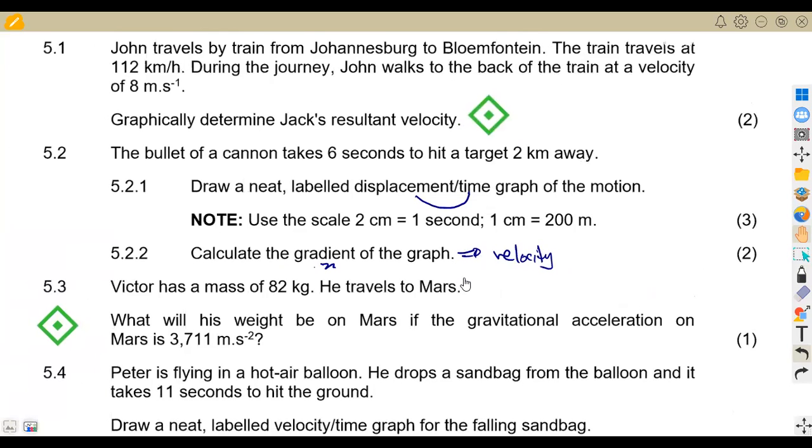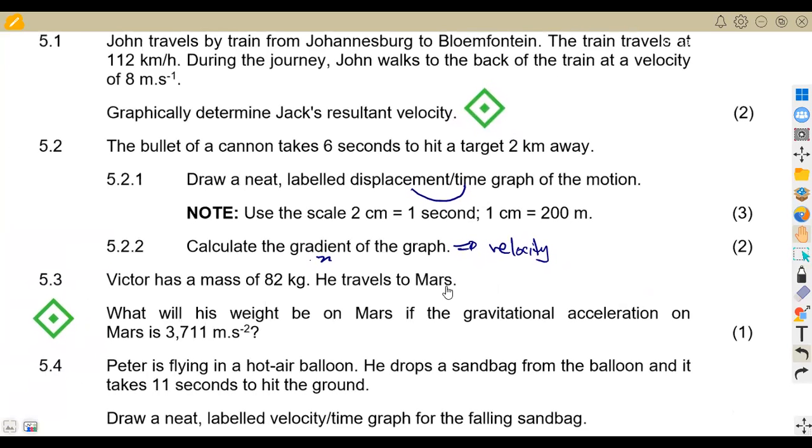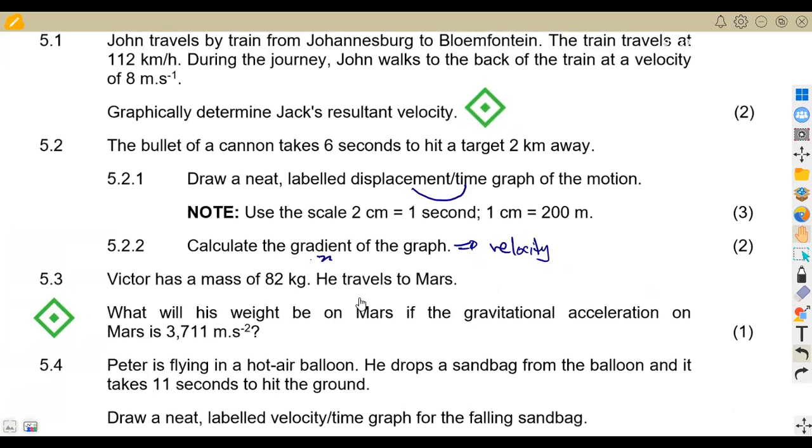Having 2 marks. On 5.3, we are given that Victor has a mass of 82 kg. He travels to Mars. What will his weight be on Mars if the gravitational acceleration on Mars is given? So take note, as we are used to 9,8, but in this case we are given another gravitational acceleration, and we know that weight is going to change.